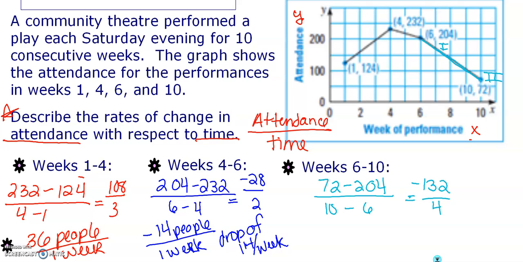We want to know every 1 week. So we're going to go ahead and divide that by 4. And we're going to get a negative 33 people per 1 week. Or you can say a drop in attendance of 33 people per 1 week.